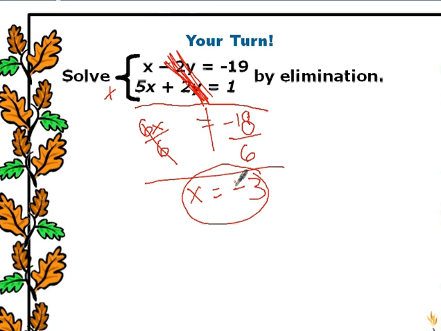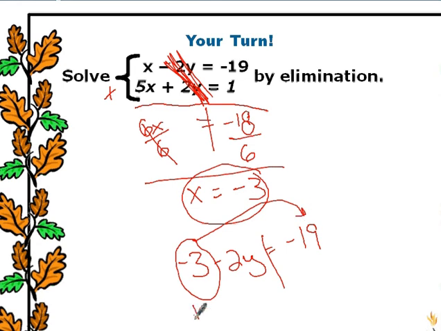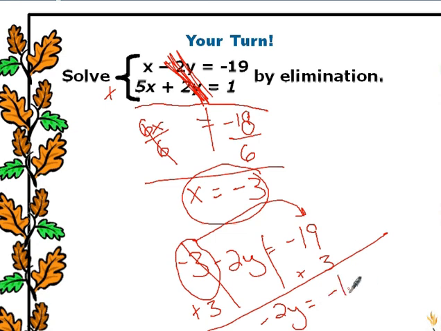Now we take this x is negative 3 and we plug it back into one of these. Let's plug it back into the top one. So instead of x, we're going to put negative 3 minus 2y equals negative 19. Now let's solve it for y. That negative 3 is going to have to move to the other side, so we add 3. Negative 2y equals negative 19 plus 3 is negative 16.